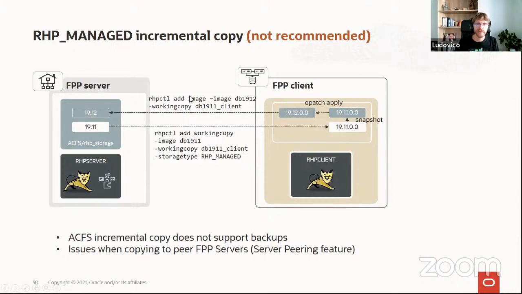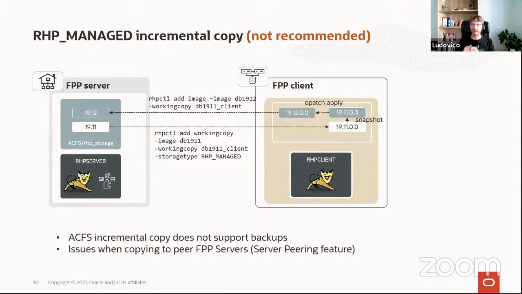So what you can do later is you can rhpctl add image of a new image, but because FPP will know that this working copy was based on a 19.11, it will just take the delta and store the 19.12 gold image as a delta from 19.11. So if you are really under space pressure, this might be a good solution.